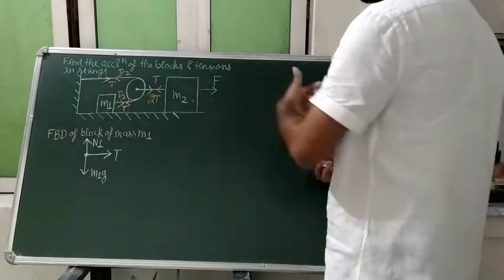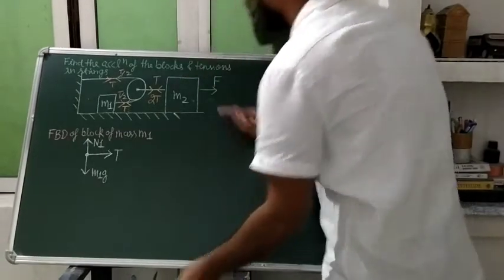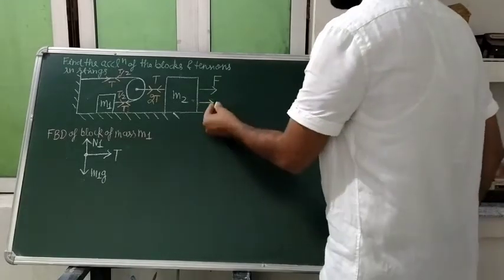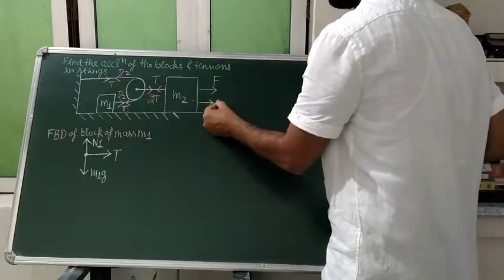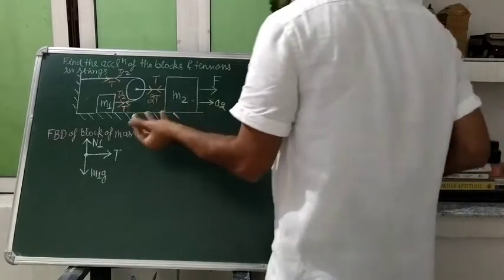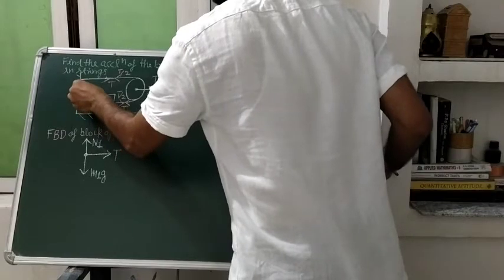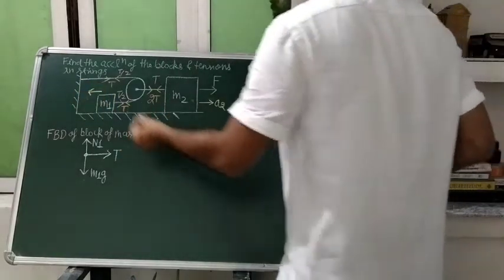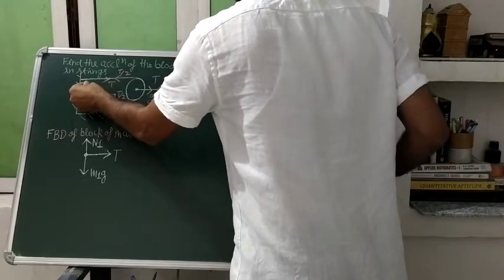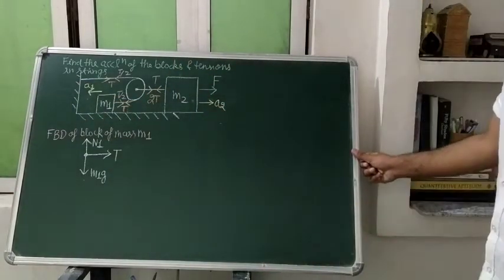When you apply the force here, this block is going to move with some acceleration. Suppose we say block 2 has the acceleration A2 in this direction. You can also assume the opposite direction as a mental exercise; whatever direction you want to choose, you can choose.